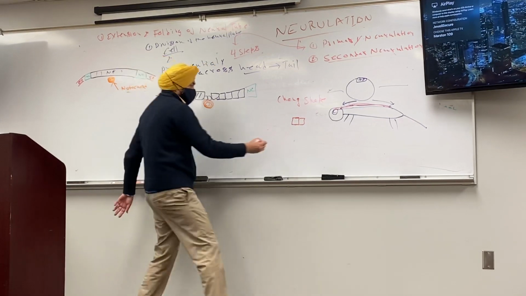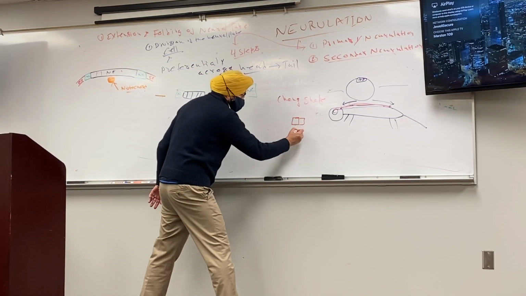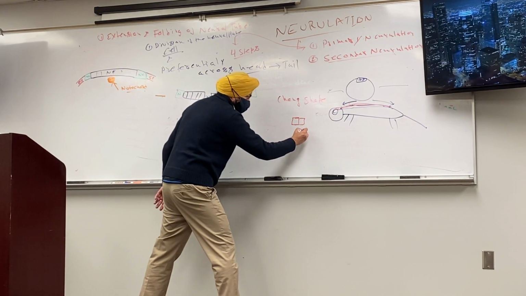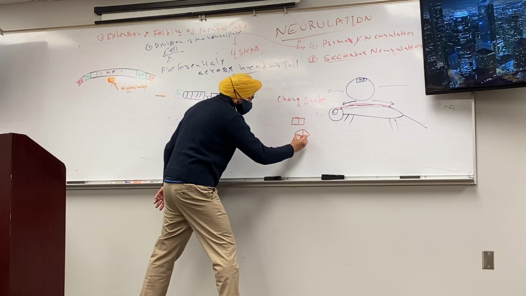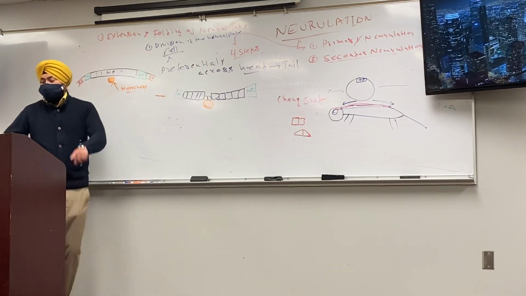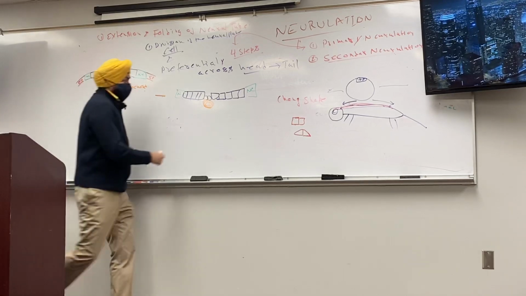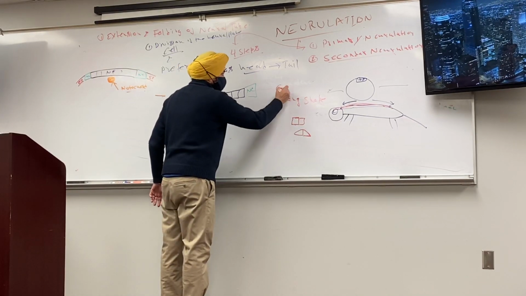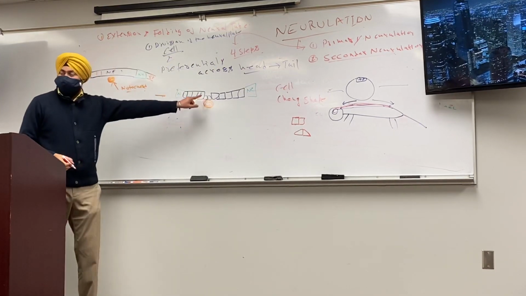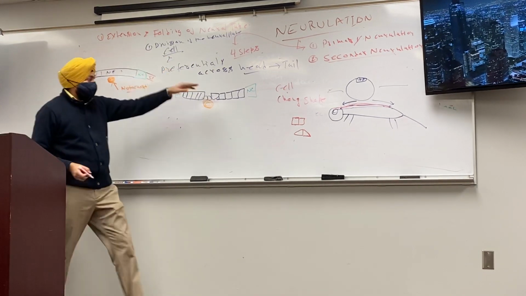It changes them in a way that instead of like this, they become like this. Okay, so it changes their shape. So the cells change shape. First step, attract them, shorten them, and then change their shape.